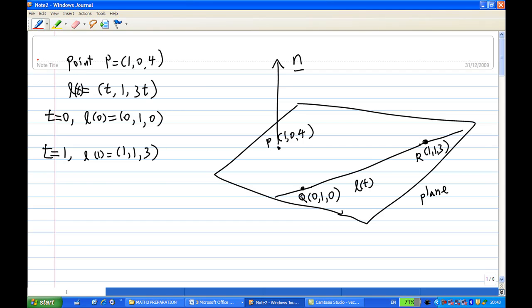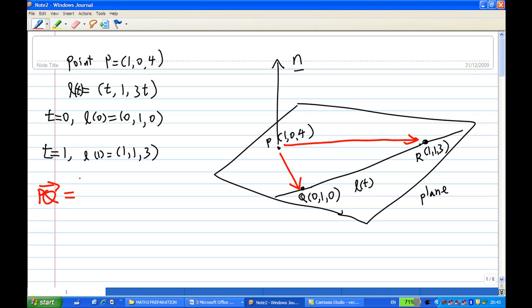Now given these 3 points on the plane, I can form vector PQ and vector PR. We know that PQ and PR lie on the plane. Let's figure out what PQ is.